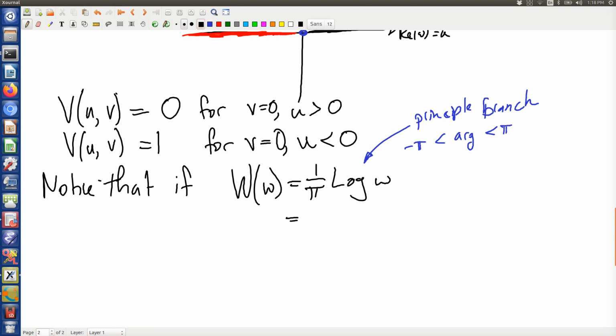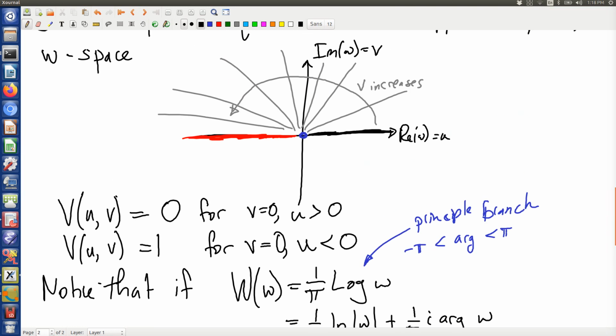If I do that, then this is 1 over pi ln length of w plus 1 over pi times i times the argument of w. And the argument of w ranges between minus pi and pi. Of course, what that means is it's 0 along the positive real axis and it's pi along the negative real axis.